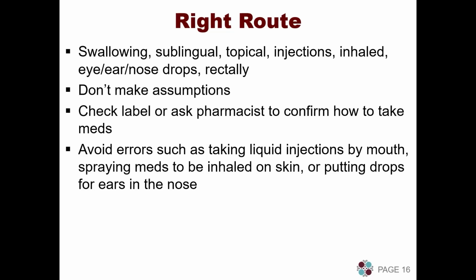And it's very important to not make assumptions. This is why on the prescription labels it will say, take one tablet by mouth. Right? So you want to make sure that the person understands how to take the medication and to check the label or to ask the pharmacist just to confirm.